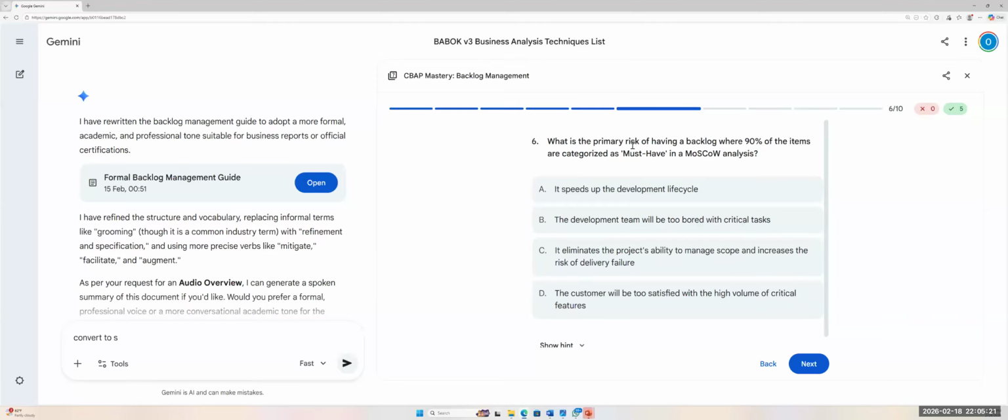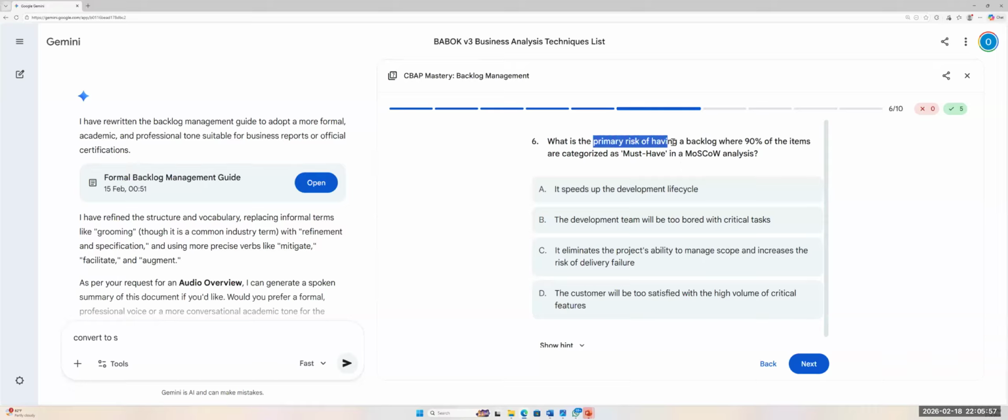All right. What's the primary risk of having a backlog where 90% of the items are categorized as must have in MoSCoW analysis? Remember, we have must have, we have COD, cost of delay, we have weighted shortest job first.